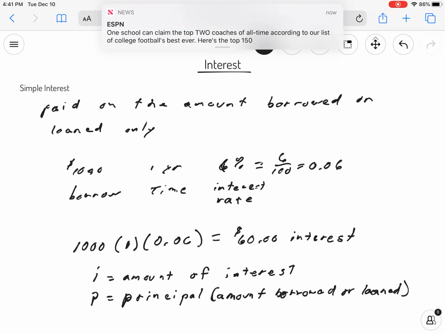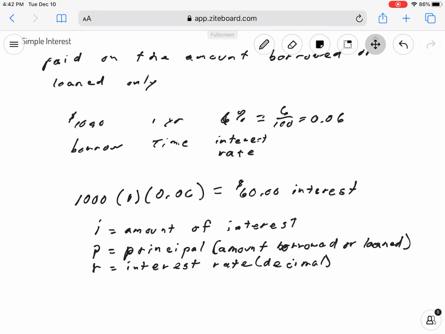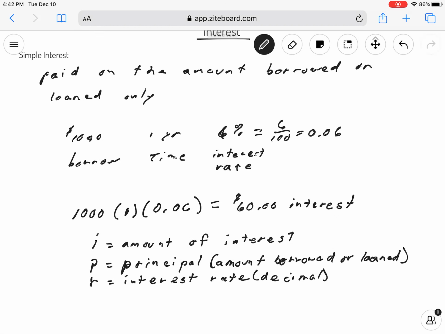Okay, and R is our interest rate, as a decimal. And then T is our time that we either borrow or loan the money.